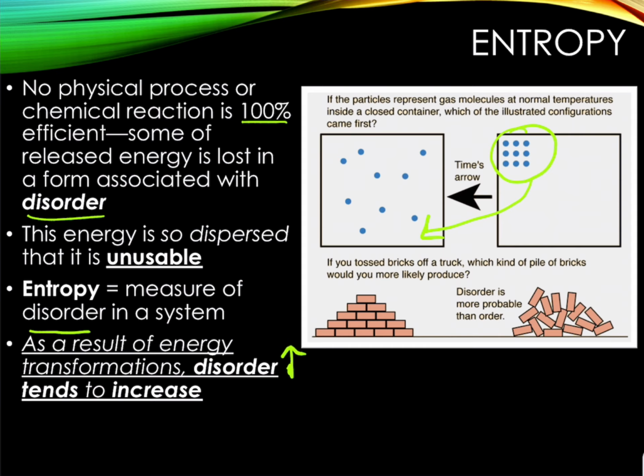Same deal down here. If you toss bricks off a truck, which kind of pile of bricks would you more likely produce? Obviously, this one is the one we would expect to see. The bricks would all just fall in a pile, an unorganized mess, versus this situation over here, which would require work and energy to produce a perfectly stacked little pyramid of bricks.